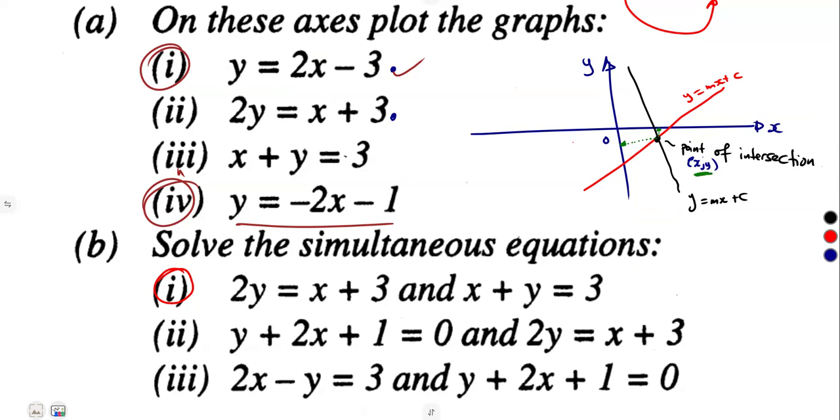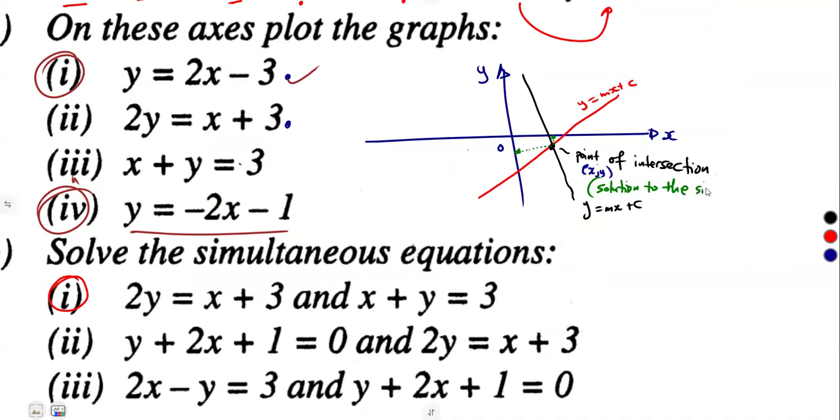The point of intersection is actually our solution to the simultaneous equations solved graphically.